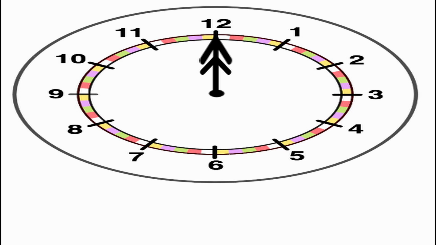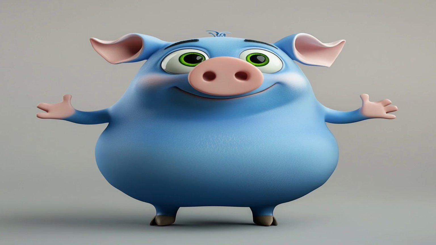The longer arrow pointing at the 12 is the minute hand. The shorter arrow pointing at the 12 will be the hour hand. When both arrows, meaning the longer arrow and the shorter arrow, are both pointing at the number 12, it represents that it is 12 o'clock.